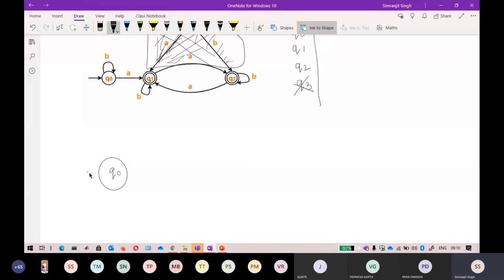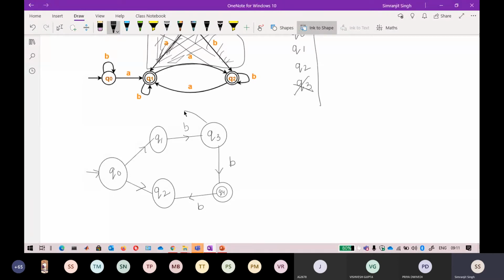So in this question, Q1 and so on, up to Q4. Here there are 5 states. This will be a very easy one.